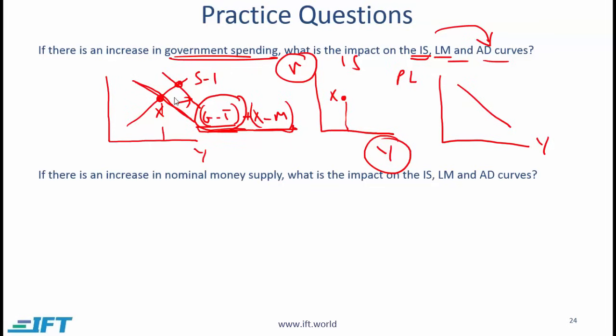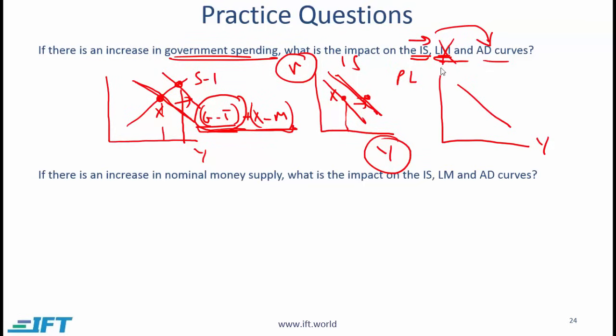So at a given interest rate now, we will have a higher income. So we can see immediately that our IS curve will shift to the right because at a given interest rate, we are at a higher level of income. So clearly IS shifts to the right. LM is not impacted by government spending, so the LM will not shift.